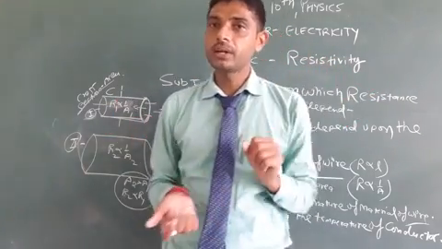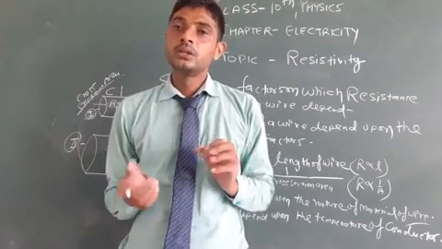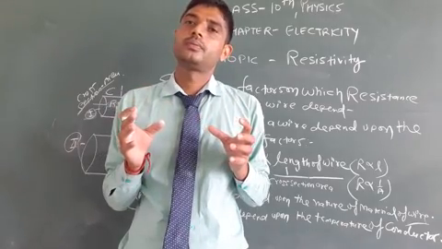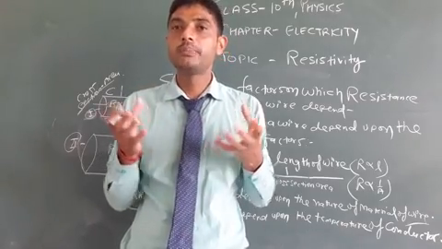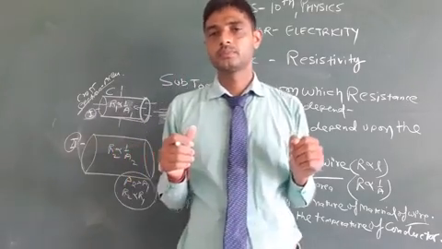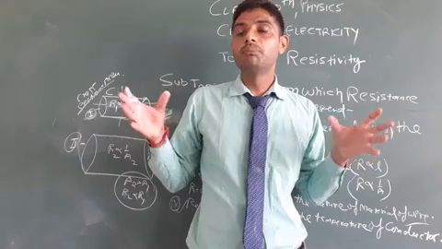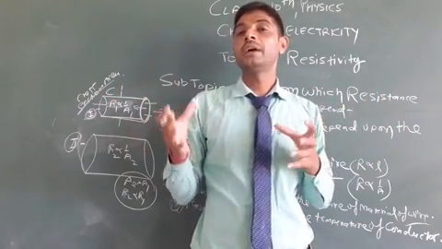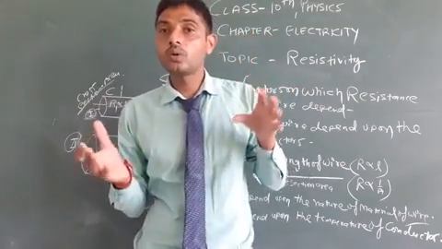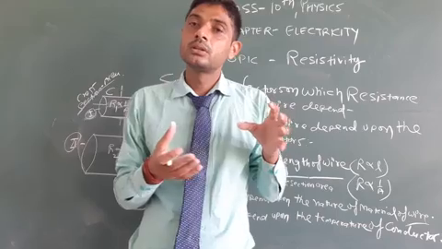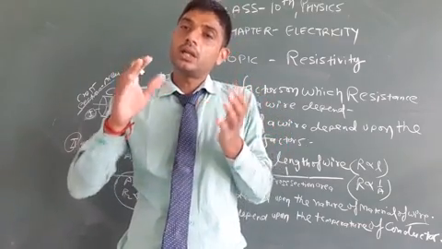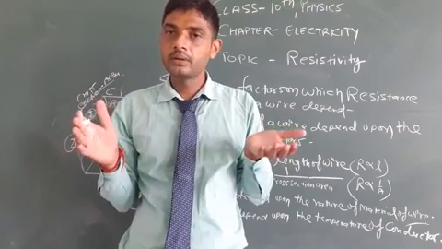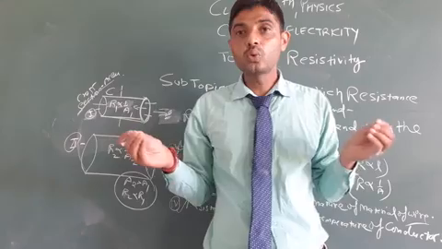But in the case of a conductor, most of the electrons lose their bond. It means the number of electrons increases, and when the number of electrons increases, and the path and length are fixed for a wire, then electrons start to collide.